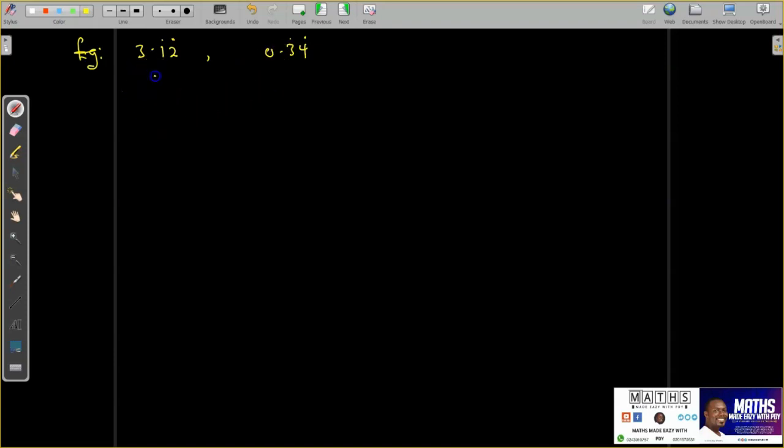What I have here means 3.121212, and it goes to infinity. What I have here means 0.343434, and it goes all the way to infinity. So there are a lot of 3/4s and a lot of 1/2s all the way to infinity.